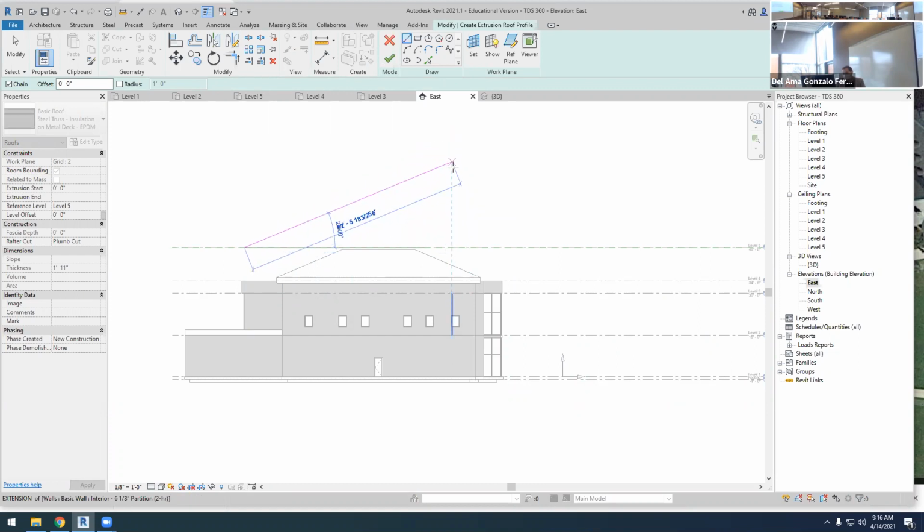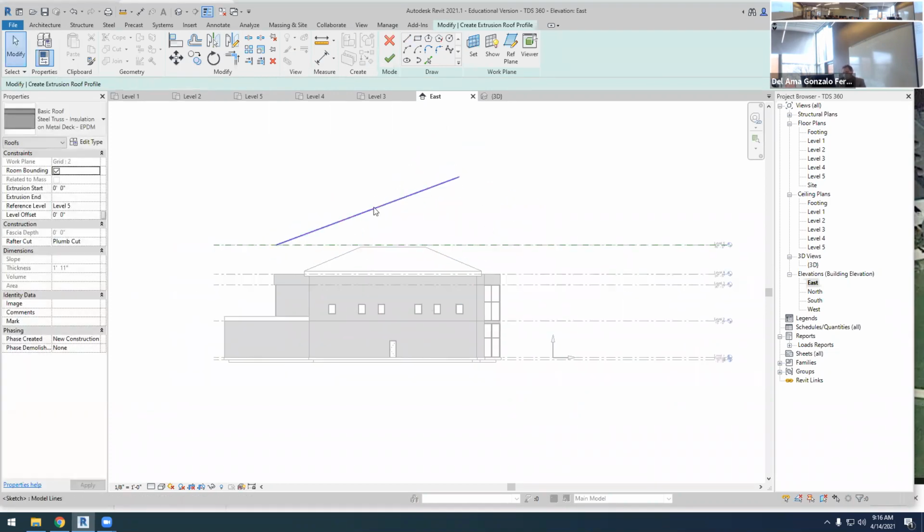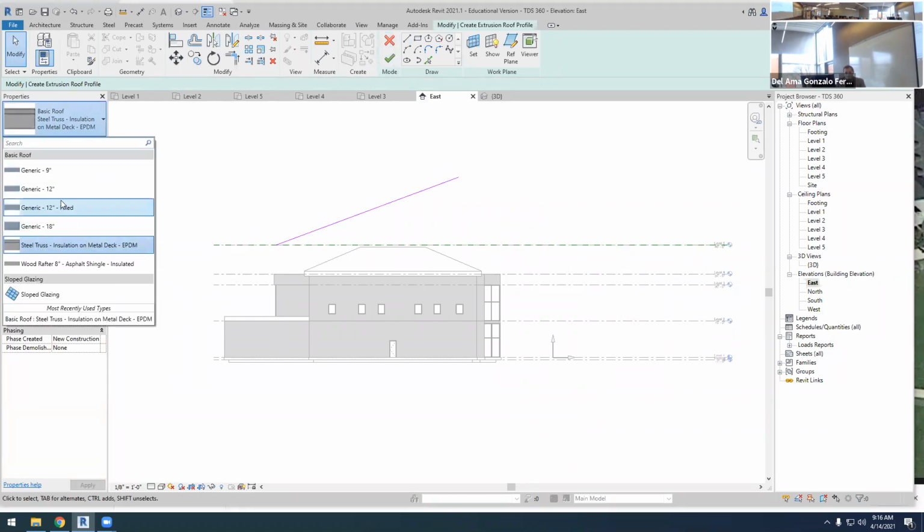No, 30 is too much. I think it was 20. I have to find out this angle. I'm not sure yet. And then we have to select the roof, something very thin.